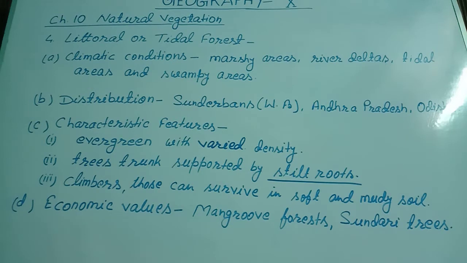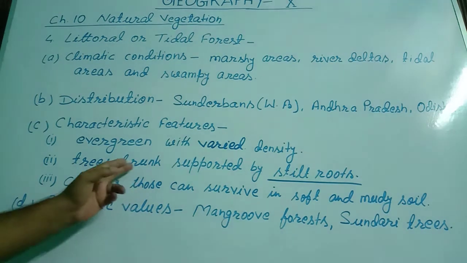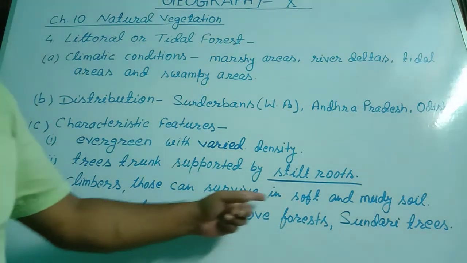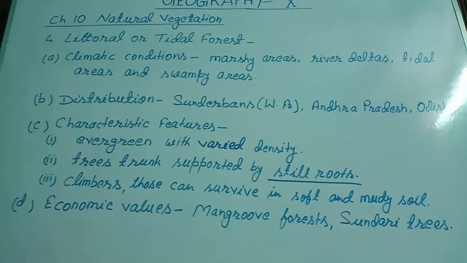This type of roots are called stilt roots. So the trunks of trees are supported by stilt roots. Climbers are found. These climbers can survive in the soft and muddy soil.